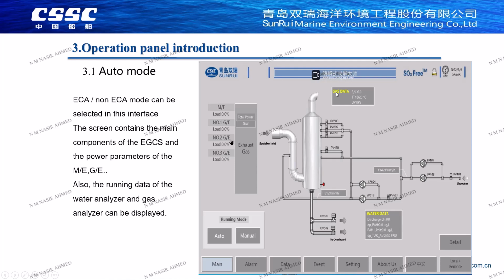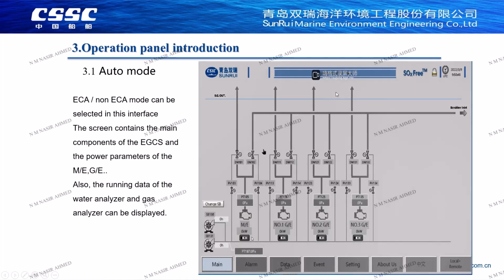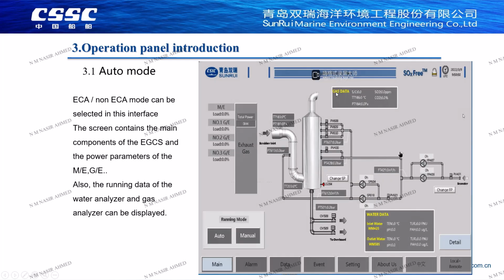At the same time, these data will also be recorded in our interface. This is a simulation of our operating screen. Click the Detail button to display some detailed parameters.